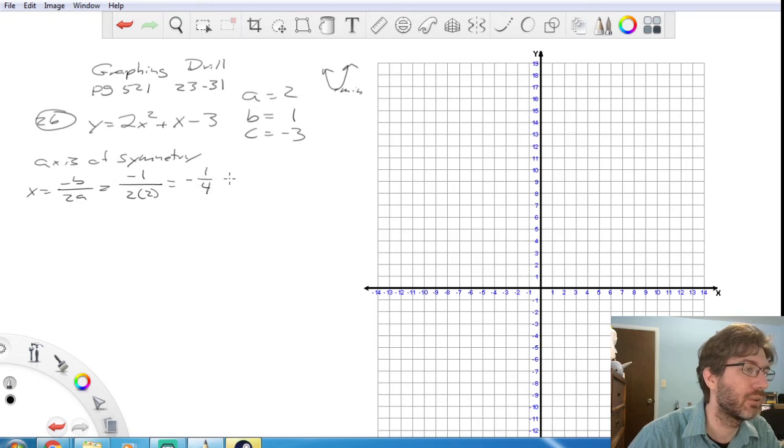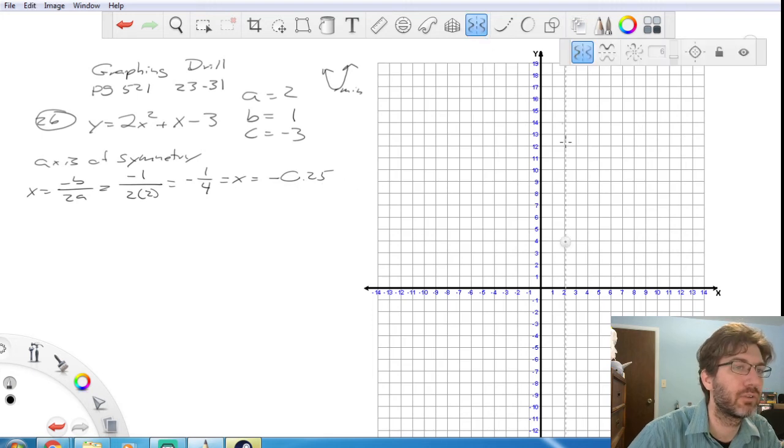So x is going to equal negative 1/4. You might like that as a decimal just to deal with things later on. So we could say that's negative 0.25, but our line of symmetry is going to be negative 1/4, which is like right there-ish. Anyways, negative 0.25.